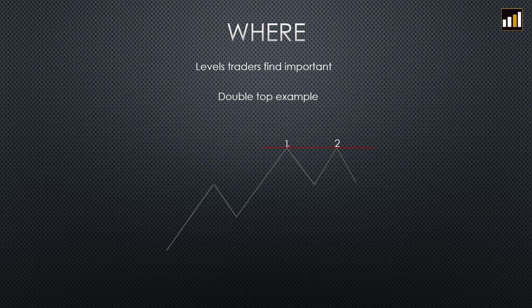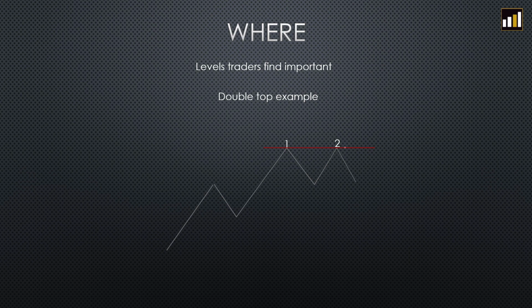So these levels here are going to be important. When price moves up in a trend and it's unable to follow through, and you have a point that is equal, or 5 or 10 pips below or higher than this, it doesn't matter. It's still called a double top.